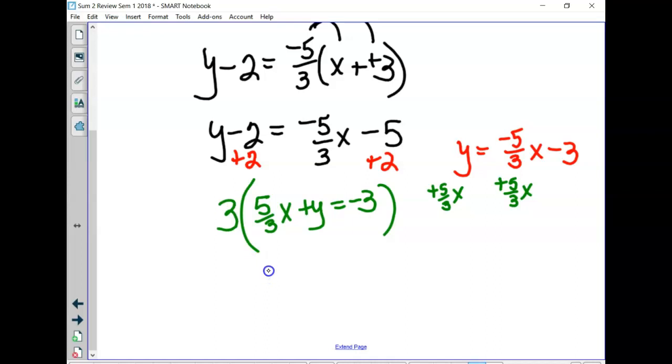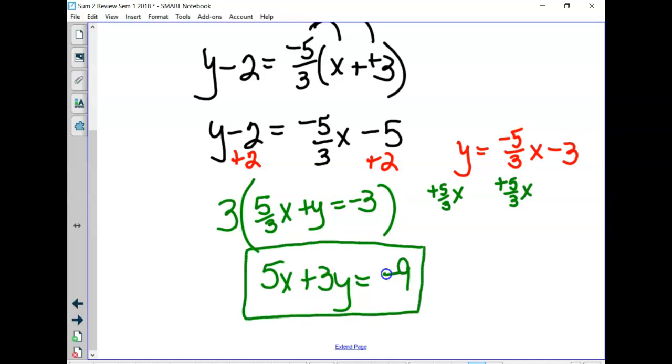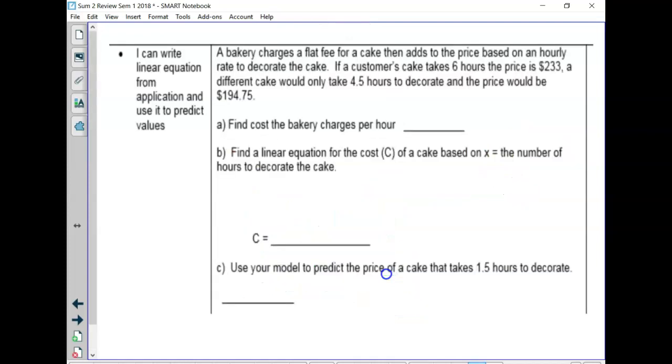So what do I get? 5x plus 3y equals 21. I don't have a 7 over there, I have a negative 3. Oh, yeah. Negative 9. Do you see where there's a lot of room for a sign mistake in a question like that? So go through it twice, use your calculator, check yourself before you wreck yourself. You have to do a retake.